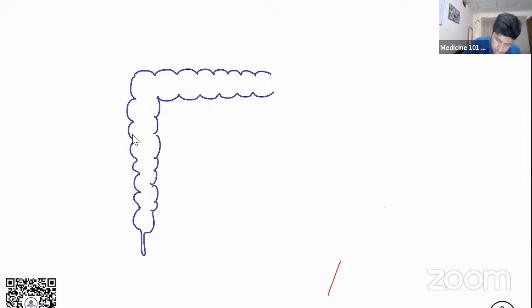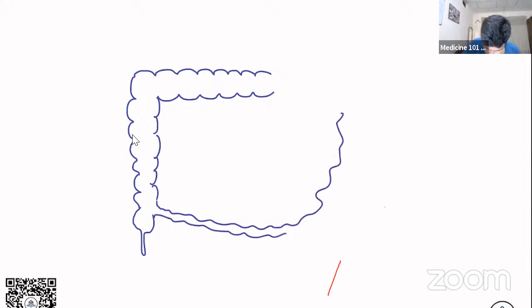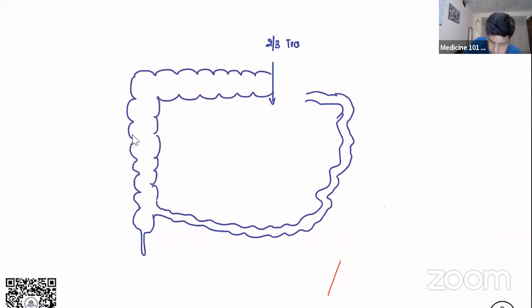Wait. Draw the opening here. Draw it the same way that I'm drawing. So these are the structures that supply up to two-thirds of the duodenum and the large intestine, the transverse colon. Okay. Now let's draw the artery.